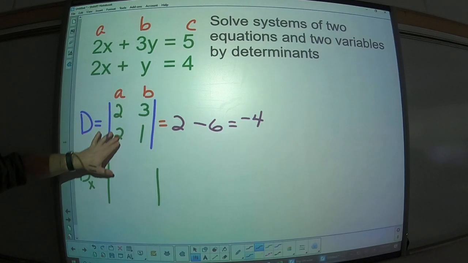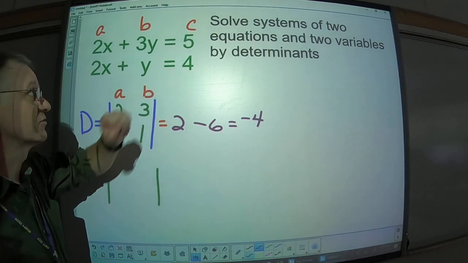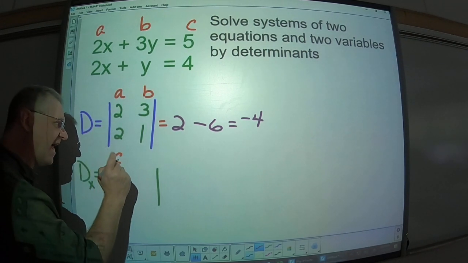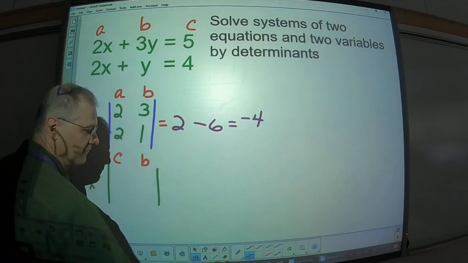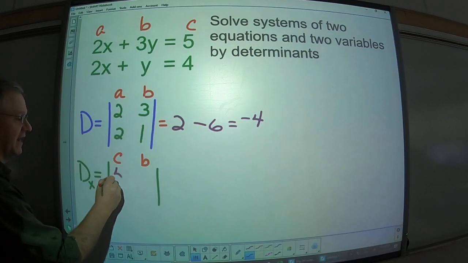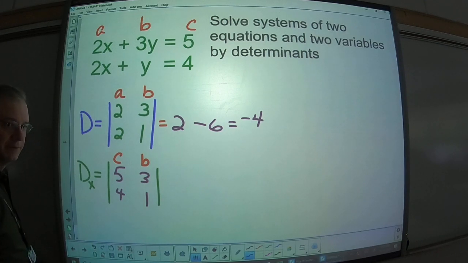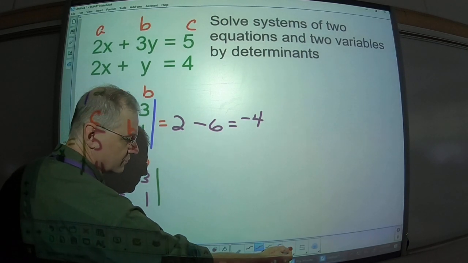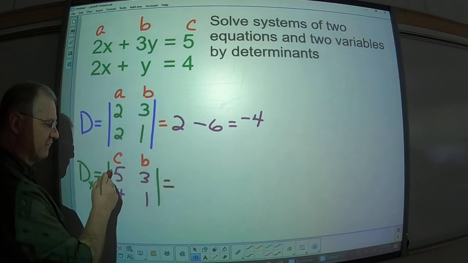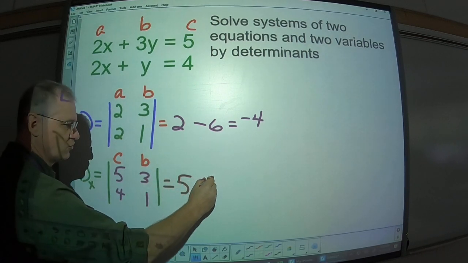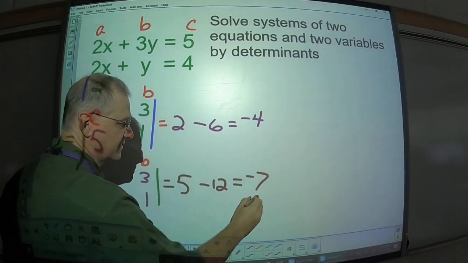But I'm going to replace the x column, which is the A, with the answer column, which is C. So it's going to be C then B, not BC, C, B. Now when I fill that in, C is 5, 4, B is 3, 1. So I need to get the value of that. 5 minus 12. Now, 5 minus 12 is -7.